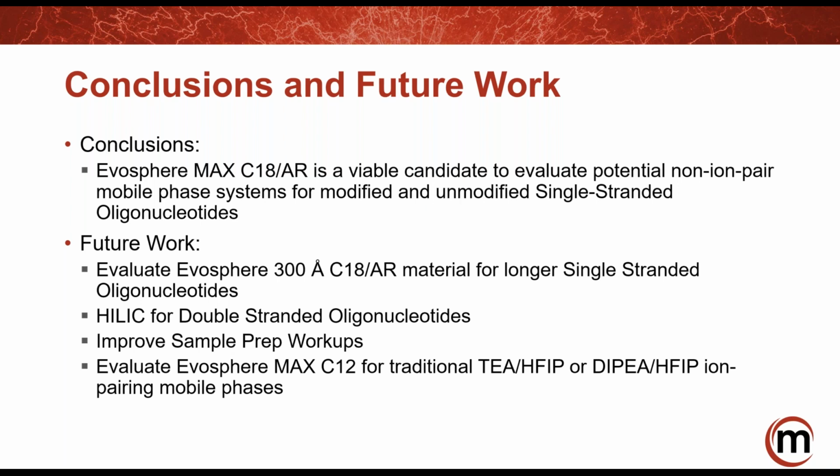And then we have a solution for the standard approach. If you're already using triethylamine and HFIP, or for that matter, diisopropylethylamine and HFIP, we have a C12 bonded phase. These ion pair mixtures can be pretty high pH, and so you need something that can handle the high pH.